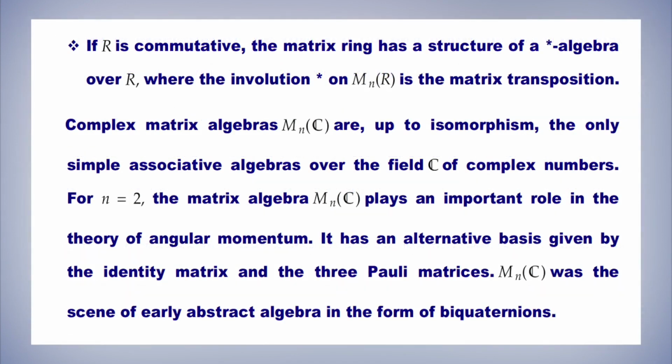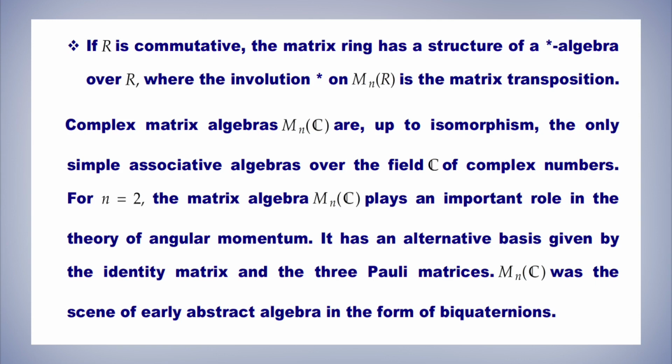If R is commutative, the matrix ring has a structure of a star algebra over R, where the involution star on Mn(R) is the matrix transposition. Complex matrix algebras Mn(C) are, up to isomorphism, the only simple associative algebras over the field C of complex numbers. For n equal to 2, the matrix algebra M2(C) plays an important role in the theory of angular momentum.